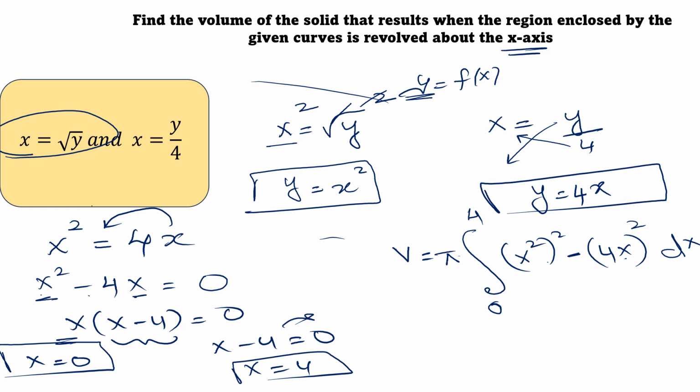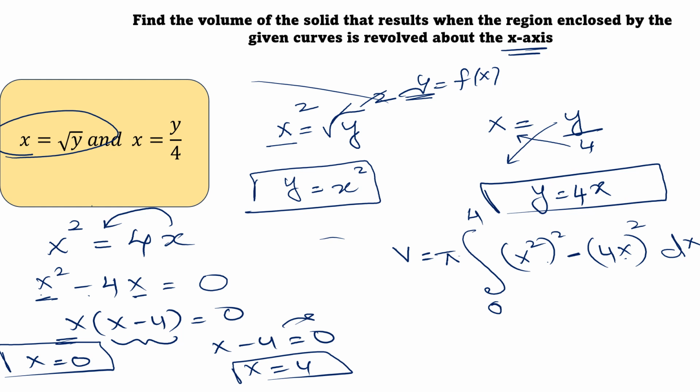So let me write the answer for you. So it's pi, then we have to write here x square whole square minus bracket 4x close power 2, and the upper limit is 4 and the below limit is 0.